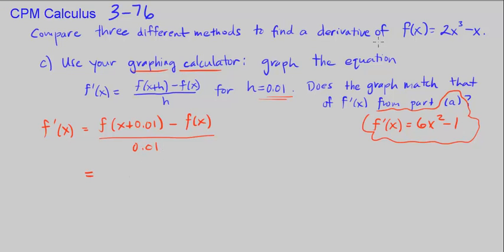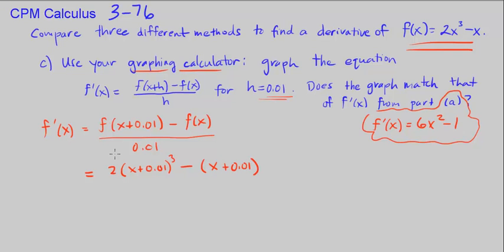So let's plug that in to our equation here, f of x. So f of x plus 0.01 is 2 times x plus 0.01 cubed minus, remember, x plus 0.01, right?